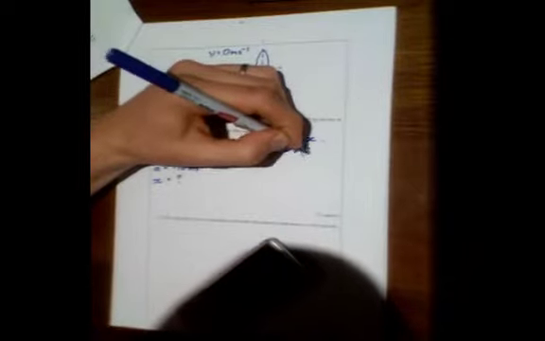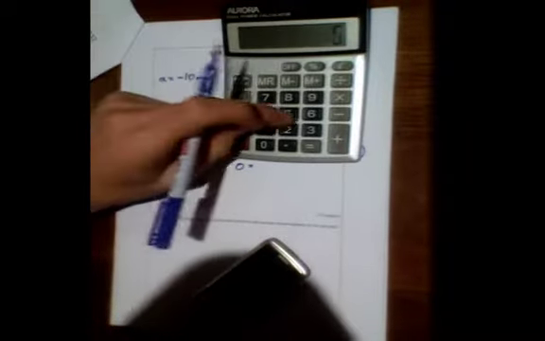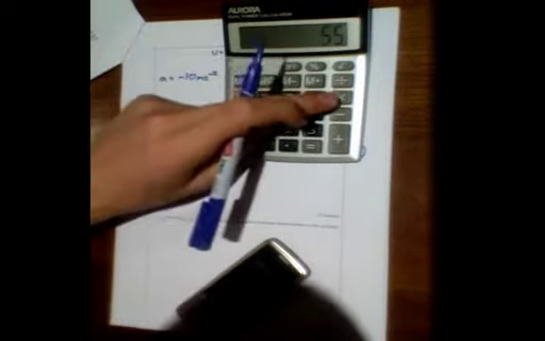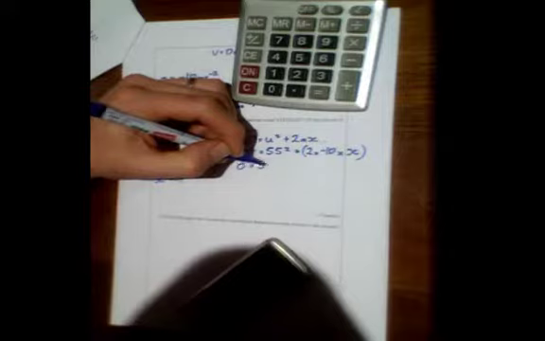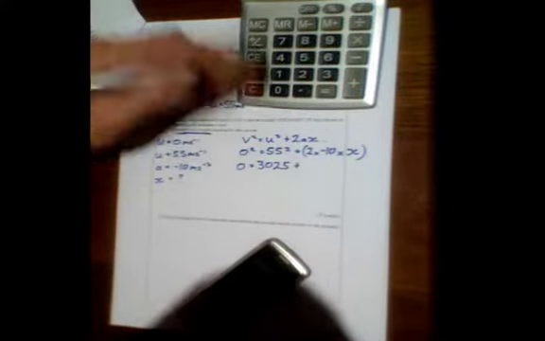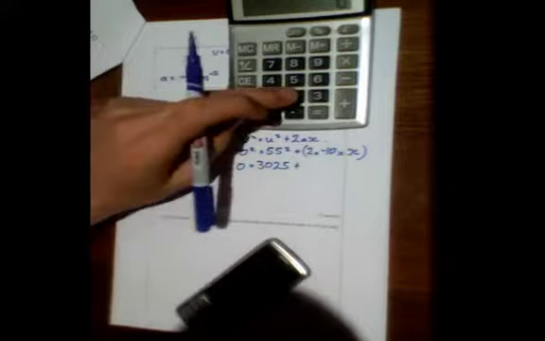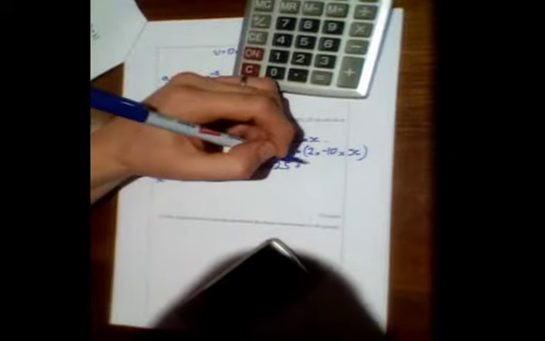Alright, let's substitute our values in. 0 squared is 0. 55 squared. I don't have a squared button on this calculator, so I'll just do 55 times by 55. So that's 3025 plus 2 times by minus 10 equals, who would have guessed that, minus 20.